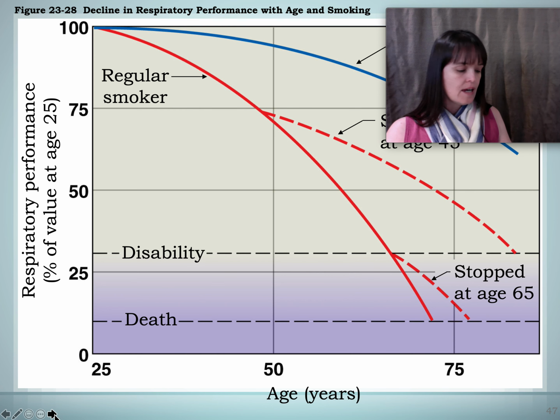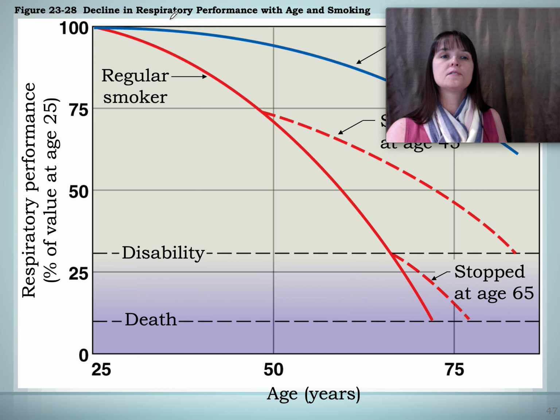So, there you go. Why is smoking bad for you? It decreases respiratory function over time. So the blue line is without smoking. Respiratory function decreases over time, period. And with a regular smoker, it decreases faster over time.